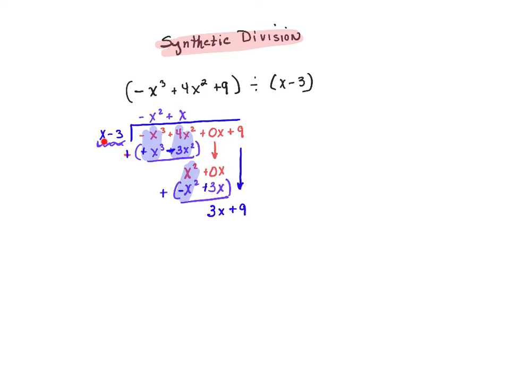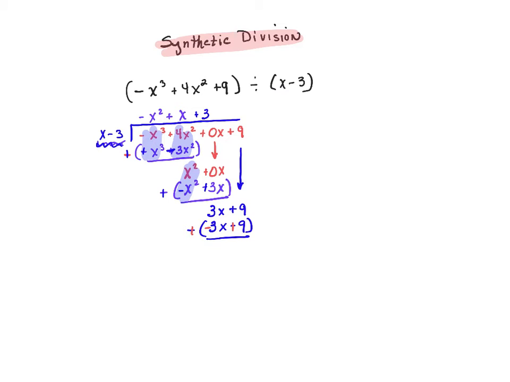I repeat again. I go x times what gives me 3x? The answer is 3. So I put a plus 3 there. I distribute it to the x minus 3, which gives me 3x minus 9. Draw a line. I subtract, which means change it to a plus and flip all these signs.